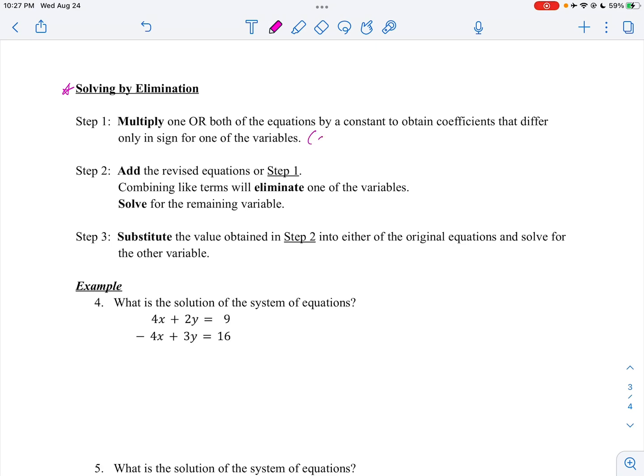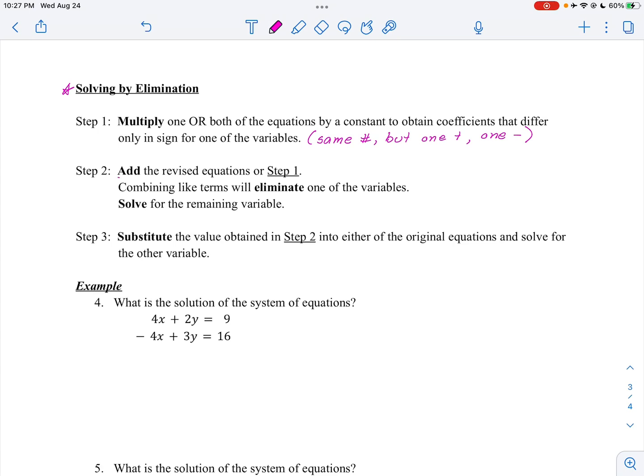So we want one of the variables to have the same number, but one is going to be positive and one is going to be negative. Because if I have the same number, but one's positive, one's negative, then they're going to cancel out. That's how we're going to eliminate one of the variables.